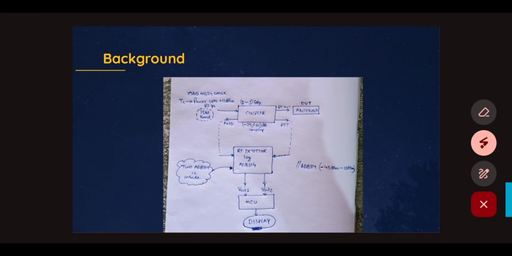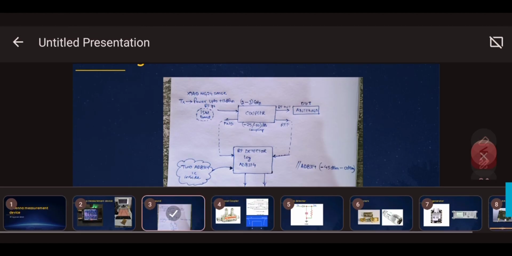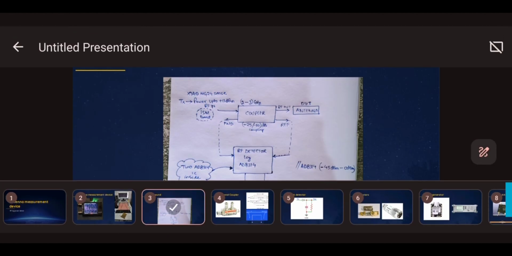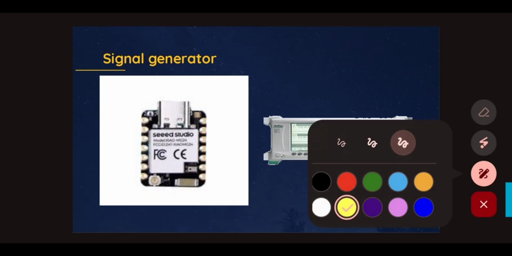In this portion I will be using two AD8314 ICs, which are from Analog Devices. I was surprised to learn it is very inexpensive. The idea is, because I do not have any signal generator, I was thinking to use something like this.